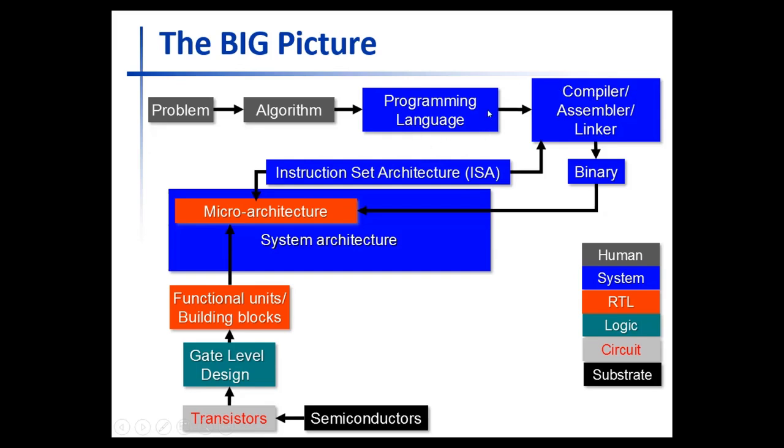So for example, if you take the C language, you can write a program for your algorithm, whatever algorithm you want to convert into a program, using a programming language like C. And if you want to build your program such that you can run it on an ARM processor, you have to use the ARM toolchain, like the ARM GCC compiler toolchain.